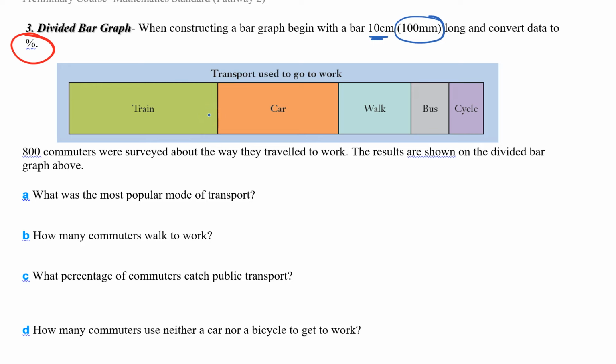And likewise, if we have to interpret this graph, we take our ruler and we measure the number. First of all, we measure the number of millimetres here, and then we convert that straight to percentage. So a divided bar graph is quite simple once you understand the way it's constructed. And again, I'll answer the questions about this divided bar graph with you in class.